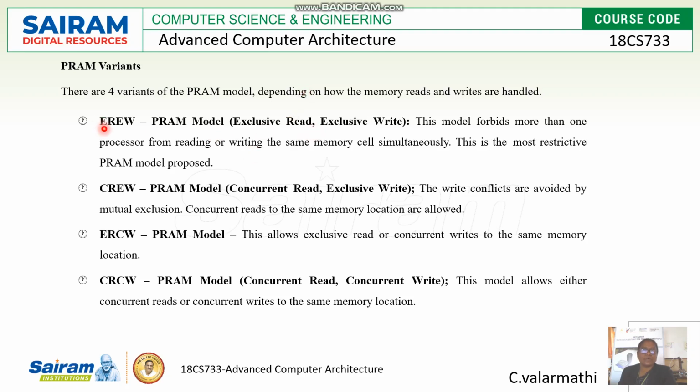What are those? First one is EREW, that means exclusive read and exclusive write. In this kind of model, only one processor is allowed to either read or write the same memory cell at a time. So this is ER and EW. The second type of memory is CREW, as you know, concurrent read, exclusive write.